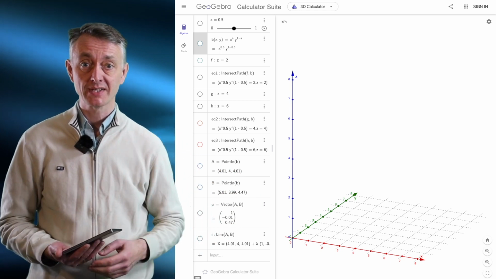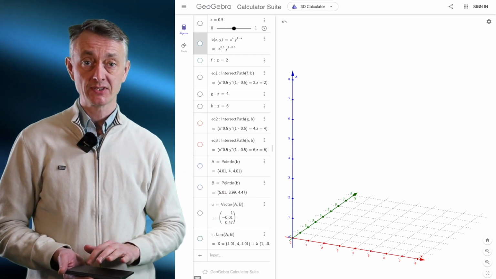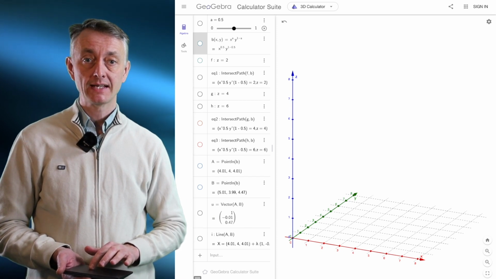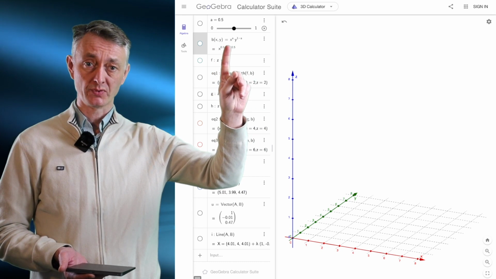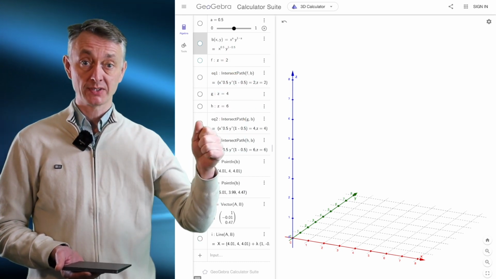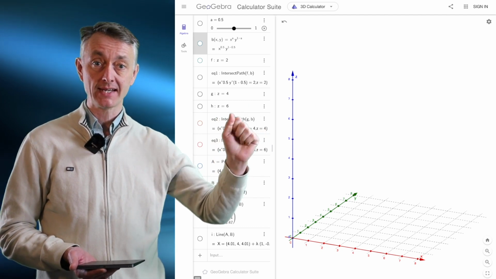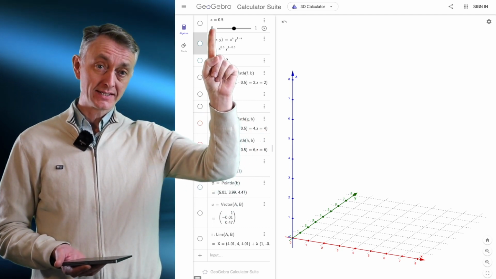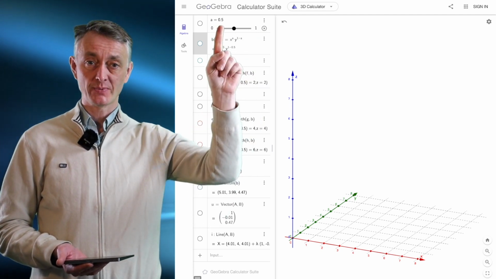I can highly recommend that. Anyway, I have drawn this function, and here I have specified the function I want to plot, x to the power of a times y to the power of 1 minus a, and up here I can set a between 0 and 1, and I'll set it to 0.5.